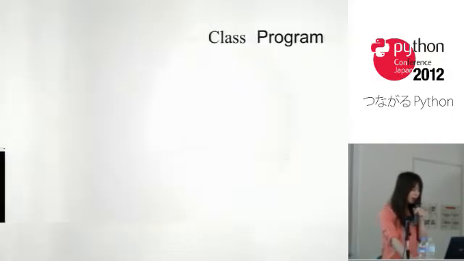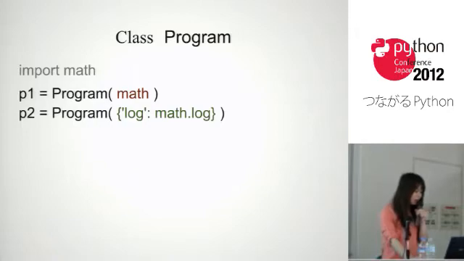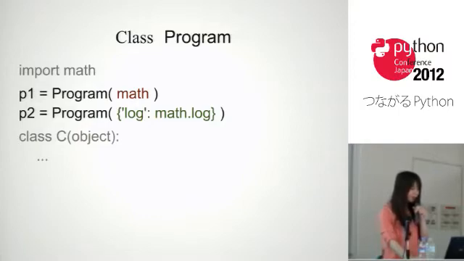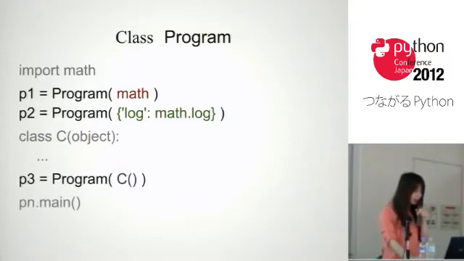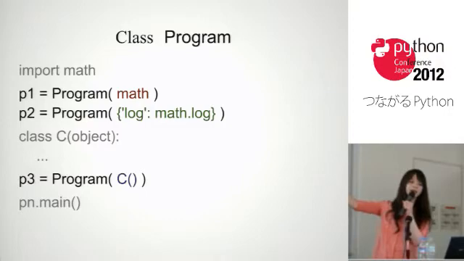Here are some other cases. The Program class accepts a module, a dict or an instance as its argument. Then call the method main to go into the CLI program loop. So you can use a module or a dict or an instance.